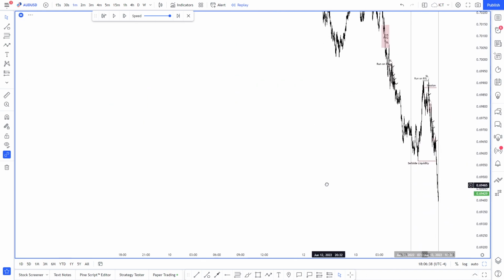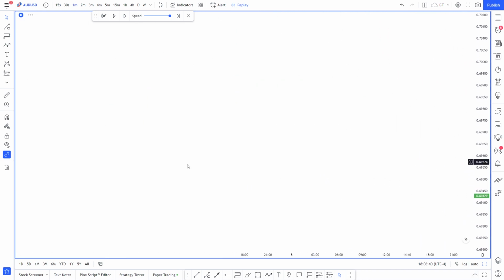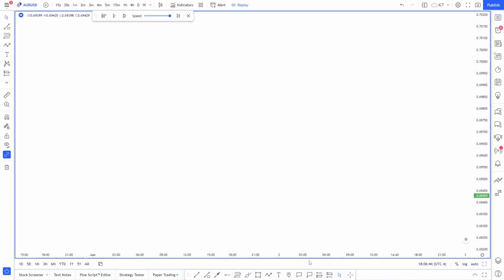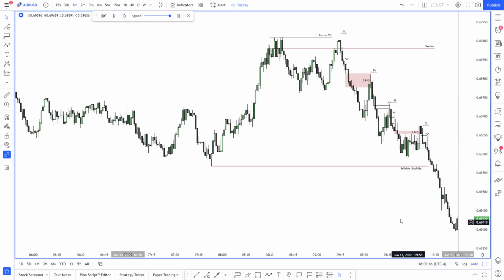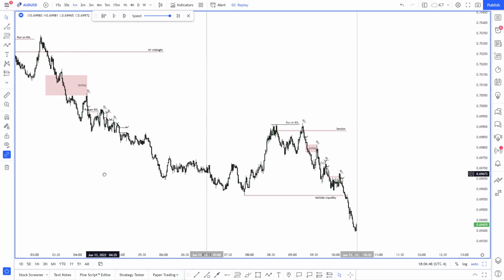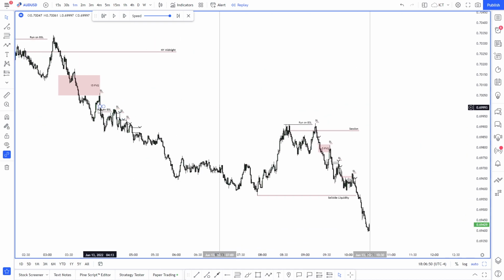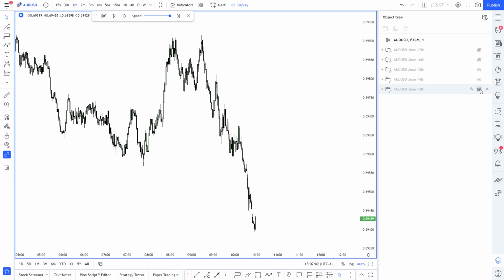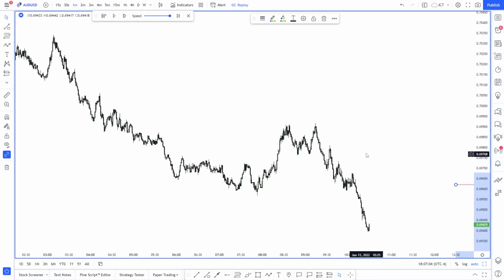Otherwise, we're going for something further to the left, which is pretty far already, so I don't think we would have done that. That pretty lovely day on Monday. Could have tried to sell some of this, potentially close at 7, which is when we will look for the New York session kill zone, right?